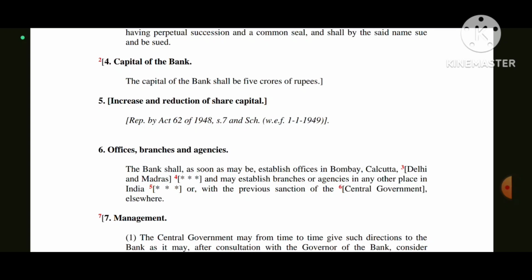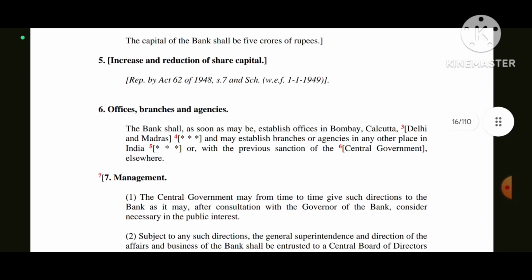Next section is section 6. Offices, branches and agencies. The bank shall, as soon as may be, establish offices in Bombay, Calcutta, Delhi and Madras, and may establish branches or agencies in any other place in India or with the previous sanction of central government elsewhere.